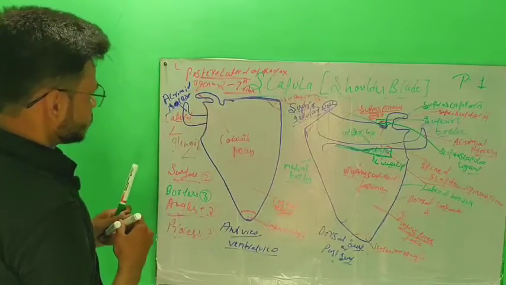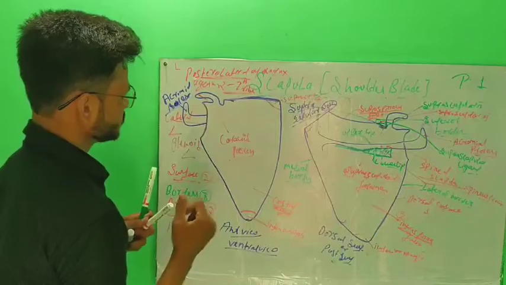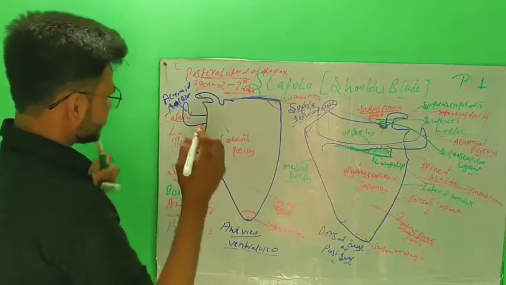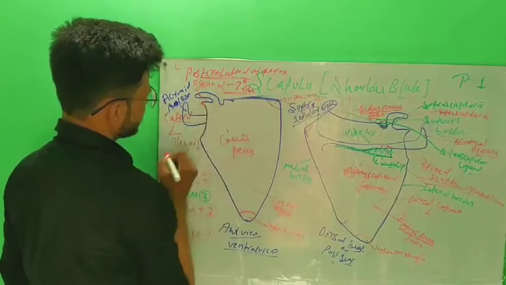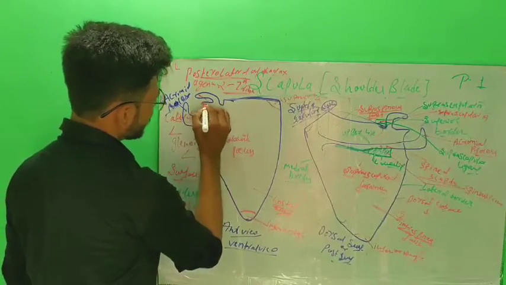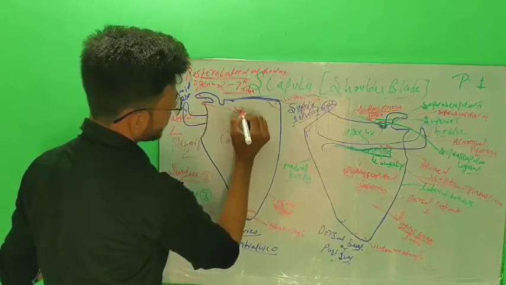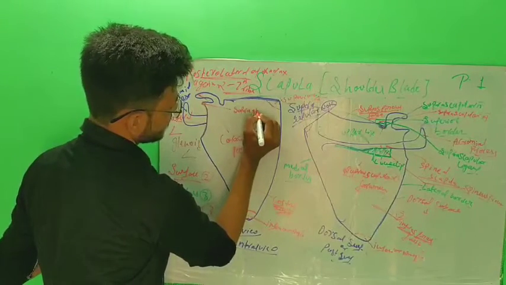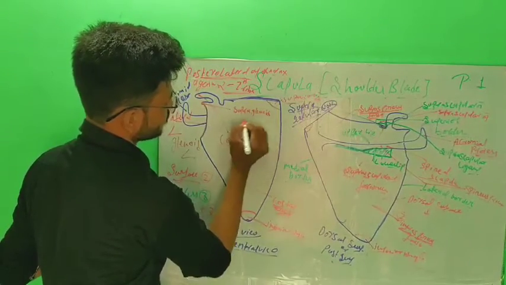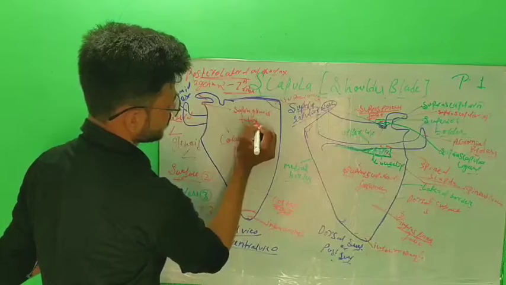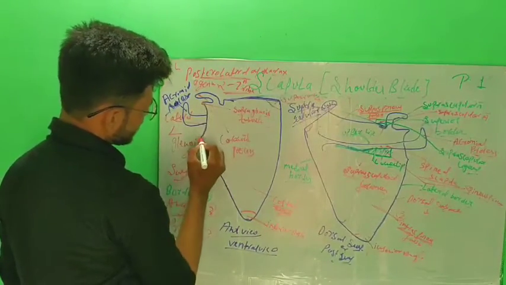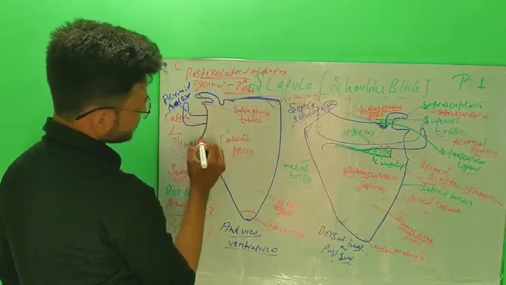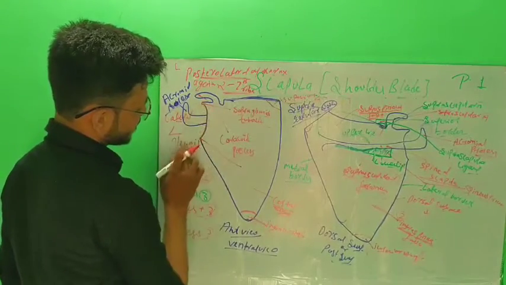Now there are two tubercles. First is above the glenoid cavity. That's why it is called the supraglenoid tubercle. And this one is below the glenoid cavity.